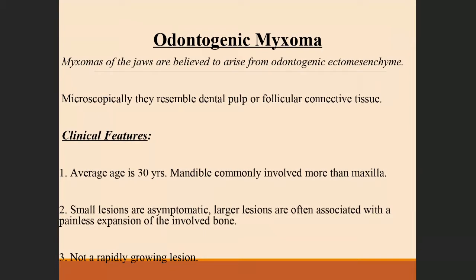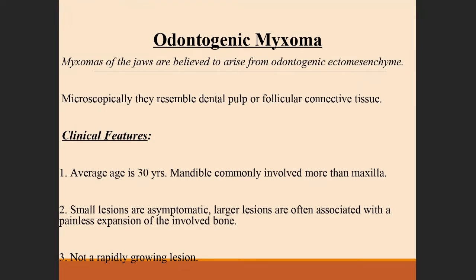Microscopically, this particular tumor resembles a dental pulp or the dental follicle. As you know, it arises from this tissue, so histologically also, it resembles the pulp or the follicular tissue. Clinically, the average age is around the third decade, that is 30 years, more common in the mandible, and smaller lesions are usually asymptomatic. Larger ones can cause a painless expansion of the involved bone, and it is a slow growing tumor.